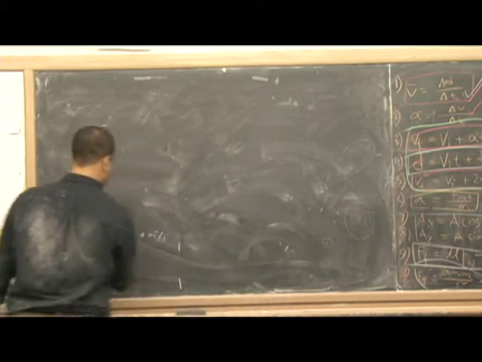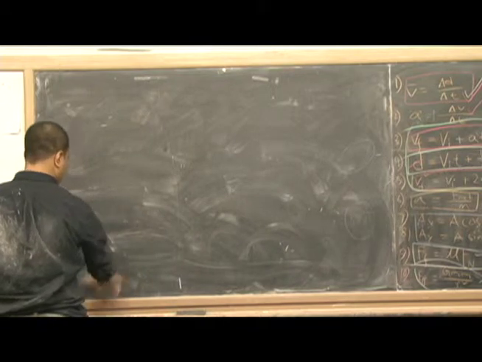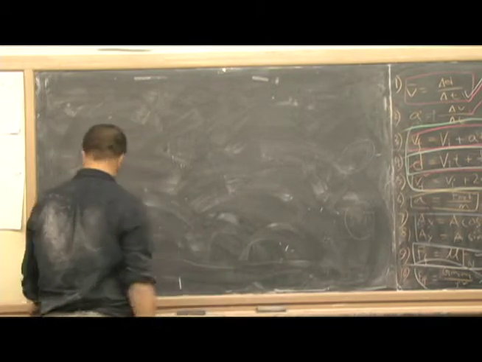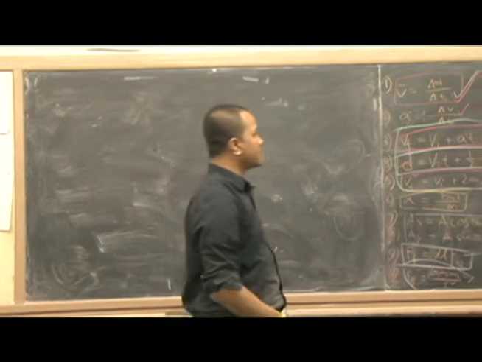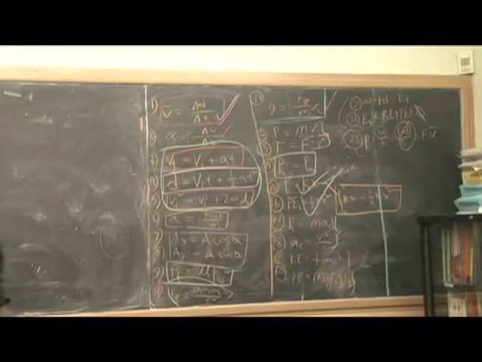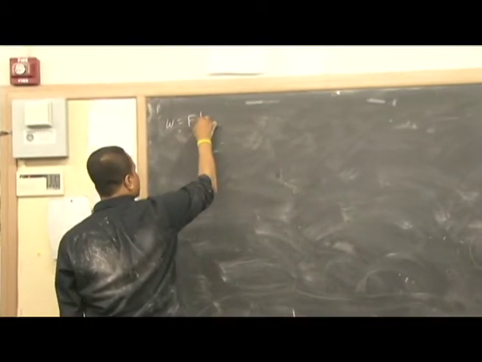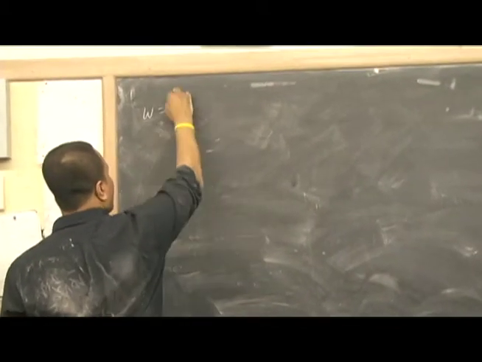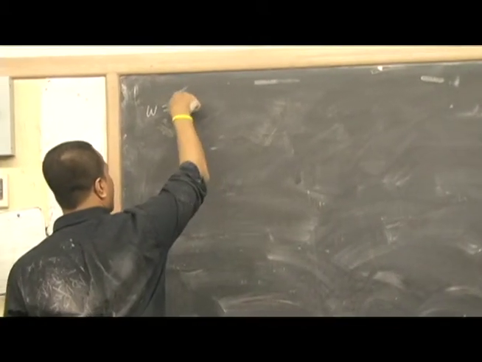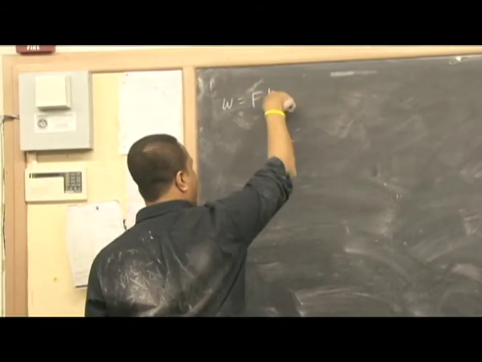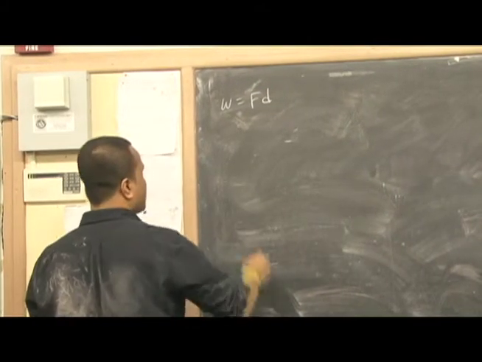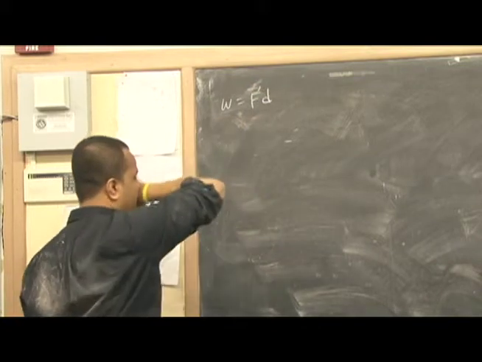So the next example we're going to make using the formula. Work is F d, force times distance. Force is a vector quantity, okay?